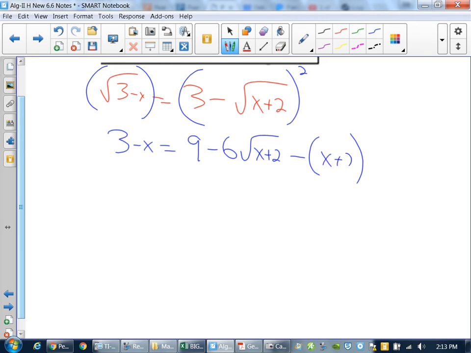Junk. Yeah, I killed puppies. Don't kill puppies. And also notice what I did with that last term. I threw it in parentheses because I have to subtract both pieces. Most people will forget when you square the quantity x plus 2, you're subtracting that whole bit.